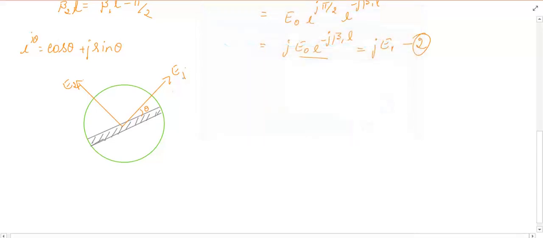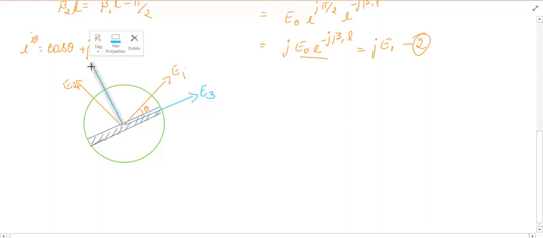So if I split E1, the cos component will be here, that is, I will name it as E3, and the sine component of E1, I can show here, because the sine component and cos component should be making an angle of 90 degree, right?